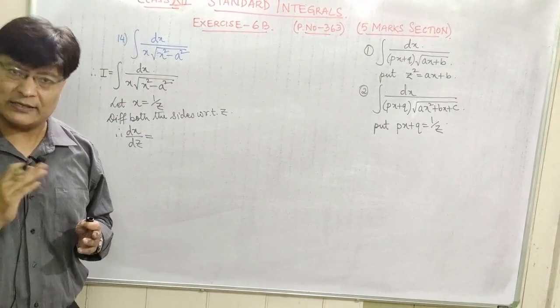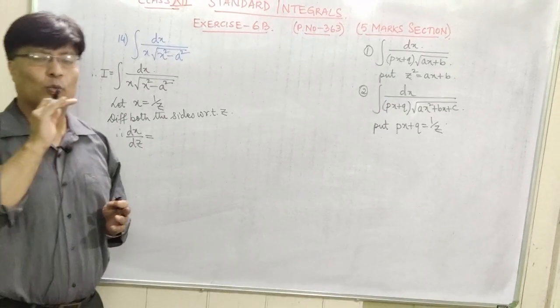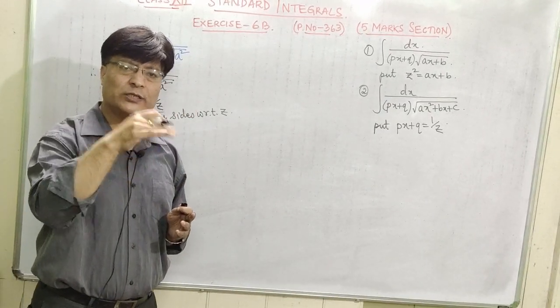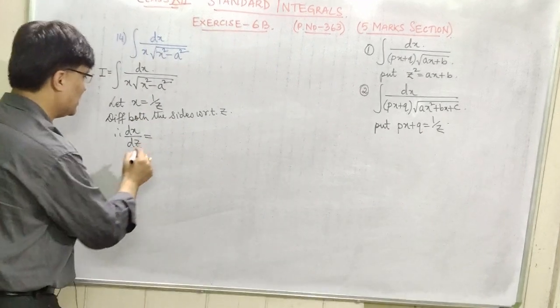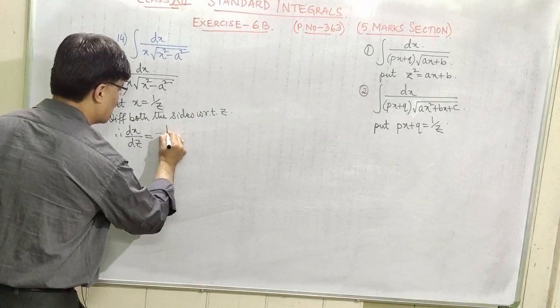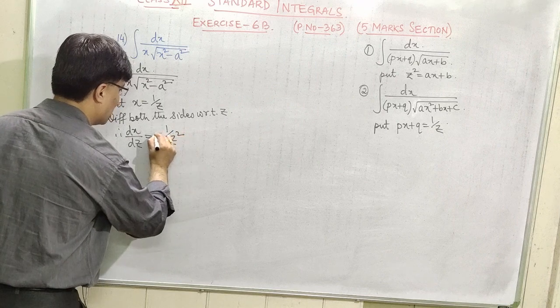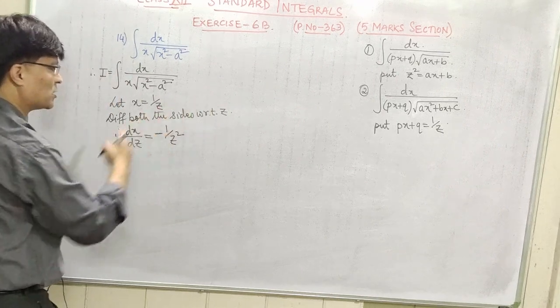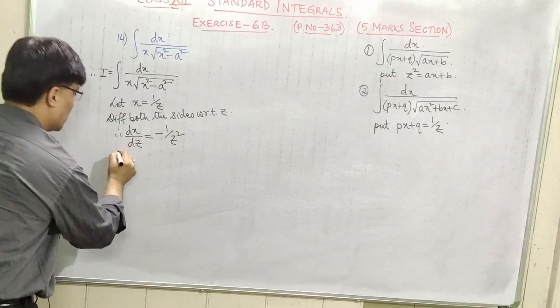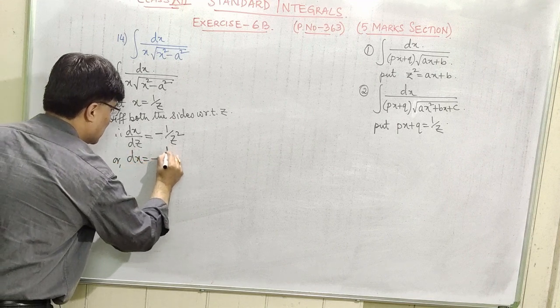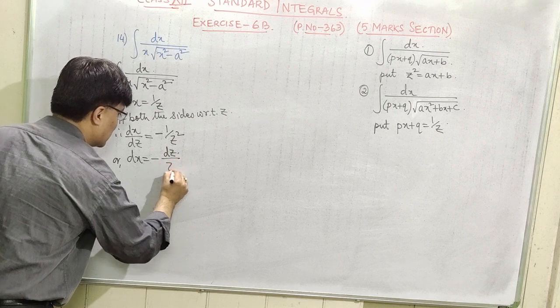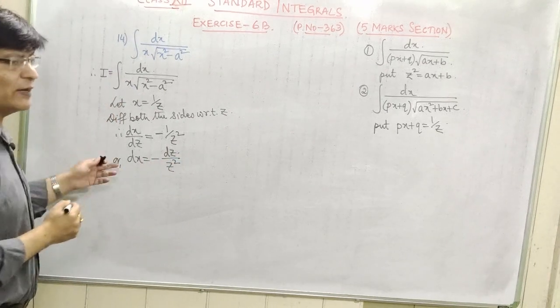I told you about that in differentiation, isn't it? Directly minus 1 upon x square. Similarly here it is minus 1 upon z square because it is differentiated with respect to z. Okay. Now get the value for dx. What is the value for dx in this case? It is minus dz divided by z square. So we have got the value for dx.